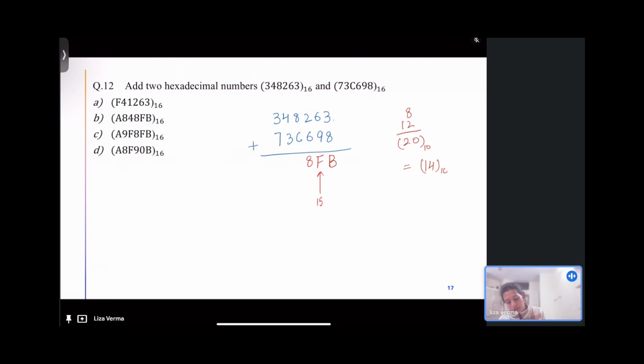So 20 written in hexadecimal is 14, so that will be 4 here and 1 carry, right?